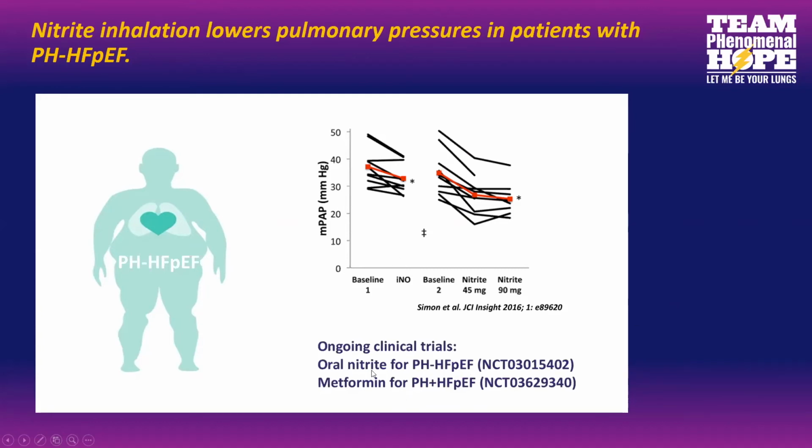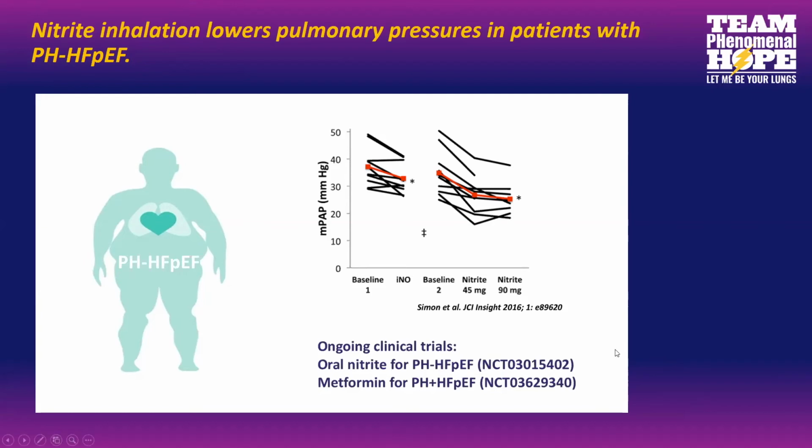One is oral nitrite. This is actually a 22 weeks open label trial, and the 10 weeks data was not published, was presented at the American Heart Association meeting November last year.